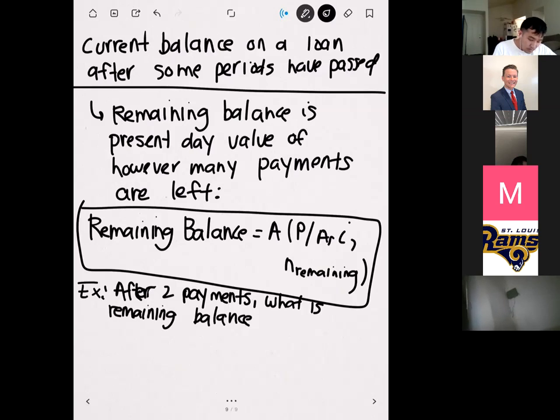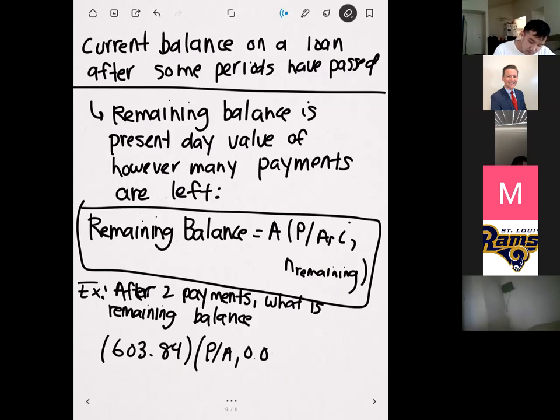To do that, we simply multiply A, where our A in this case was $603.84, by P over A. Our interest rate was 0.25. And our N in this case, since we've already made 2 payments, is 2 payments left.